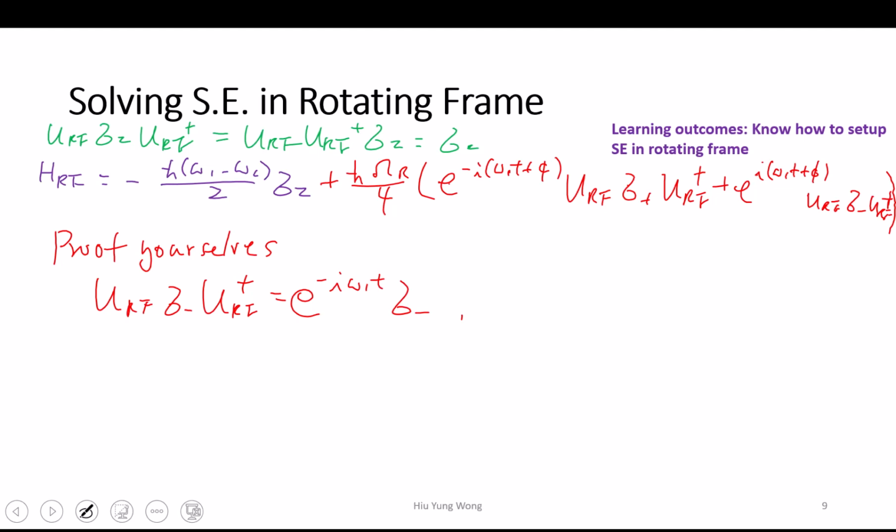And similarly, URF sigma plus URF dagger equals e to the power I omega 1t sigma plus. Okay, so you can prove this. Maybe let me quickly prove it. For example, okay, let me see.